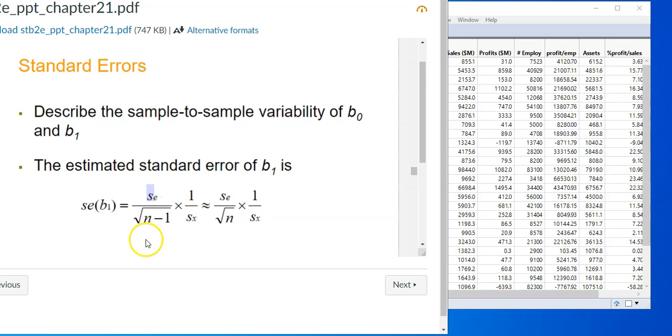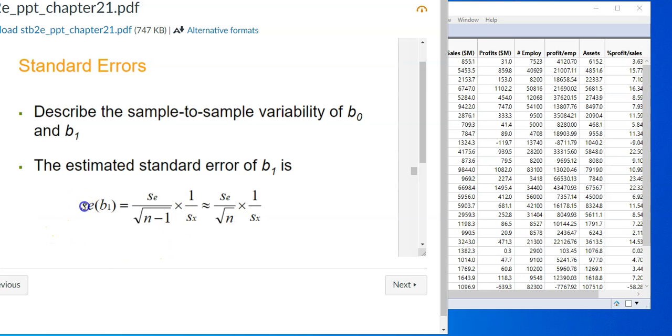Standard error is the standard deviation of residuals or errors, divided by radical n minus 1, multiplied by 1 divided by Sx. What is Sx? Sx is the standard deviation of the independent variable's values. That's approximately equal to standard error divided by radical n times 1 divided by the standard deviation of x values.